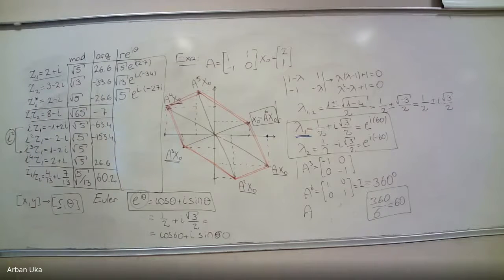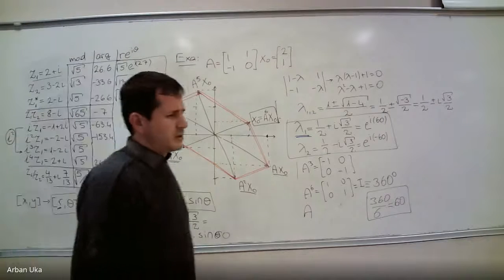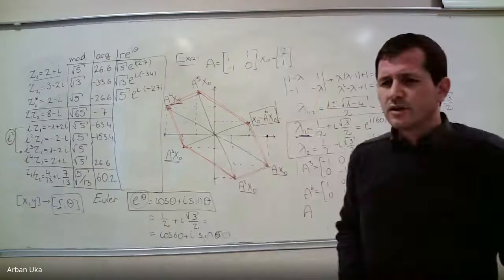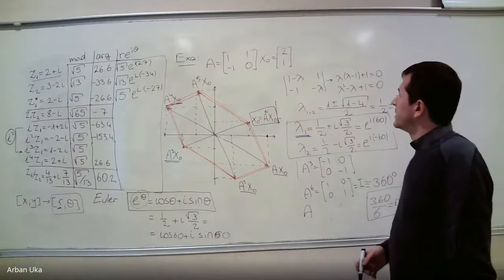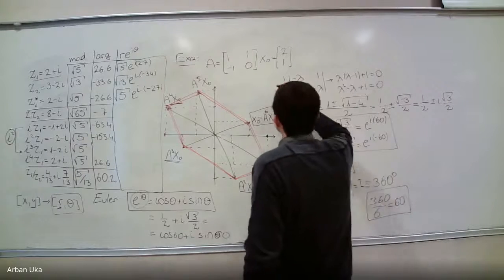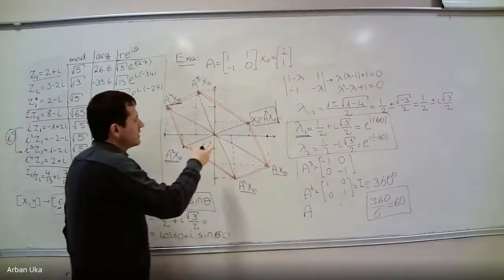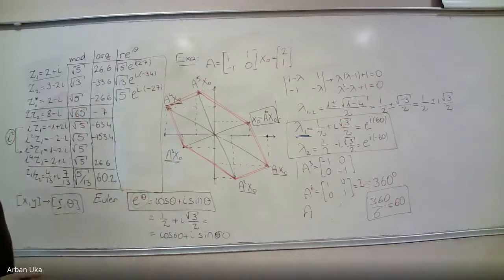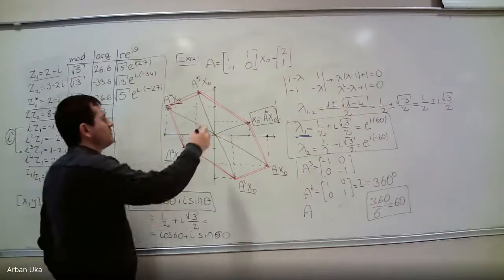So here we see once again an equivalence between the complex number and the rotational matrix. So in fact, this matrix A is a rotation. It's clearly not a pure rotation because it also changes the magnitude. So this is a small problem.